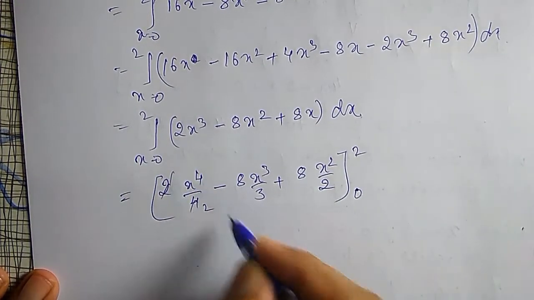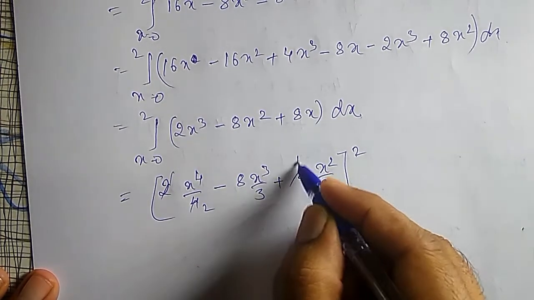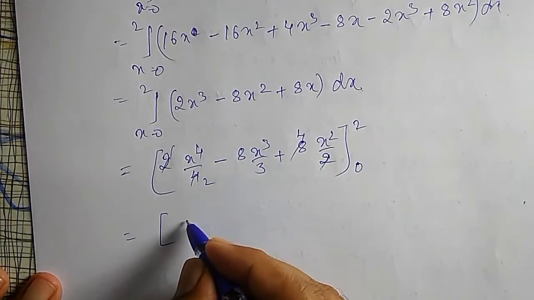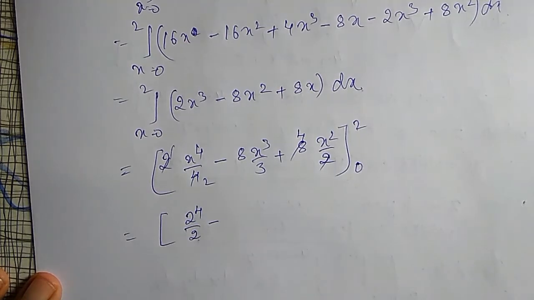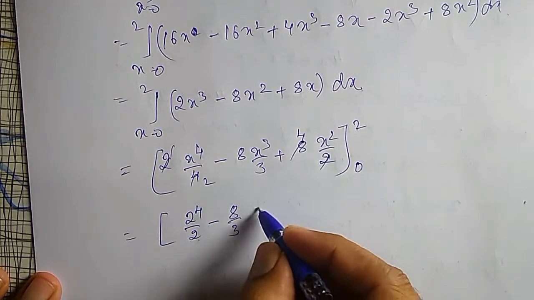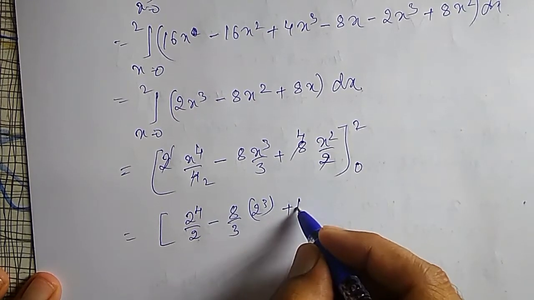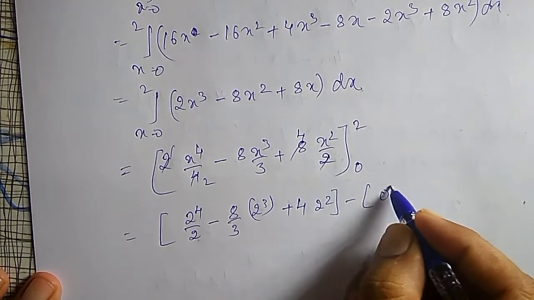Here 2 ones are 2, twos are, and this will become 2 ones are 2, fours are. Upper limit minus lower limit: 2 raised to 4 divided by 2, minus 8 by 3 into 2 cube, plus 4 into 2 square, minus lower limit which will become 0.